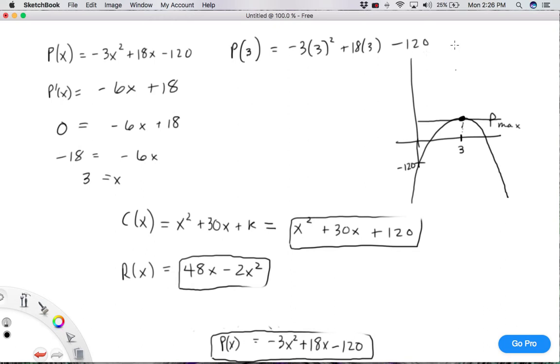So I'm getting a negative number here. We got negative 93 is the profit.